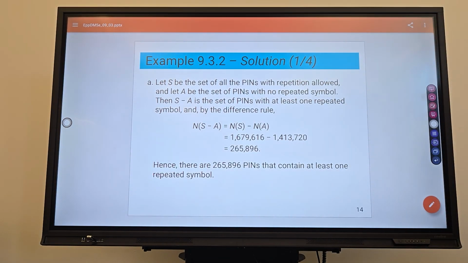So you would have S be the set of all pins, and A be the set of pins with no repeated symbol.